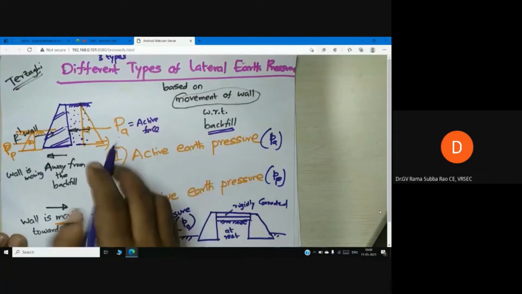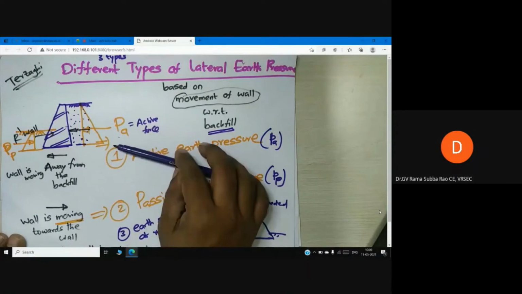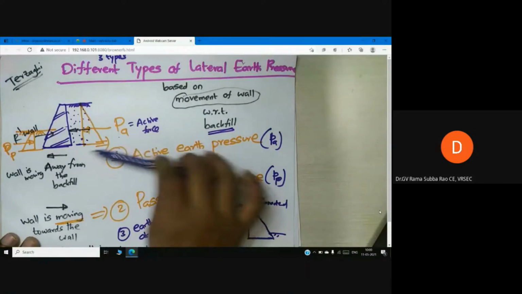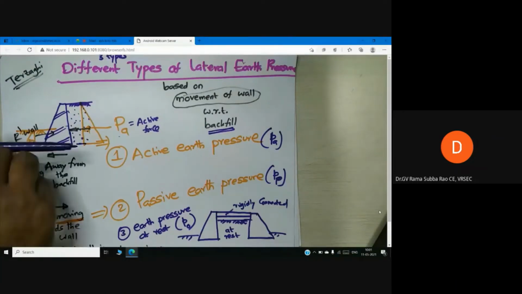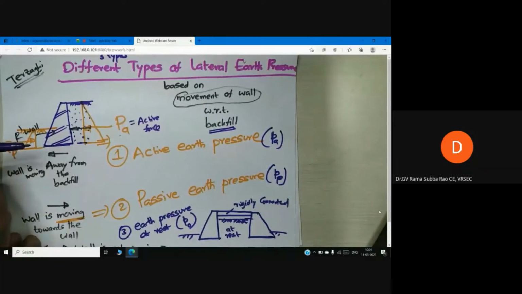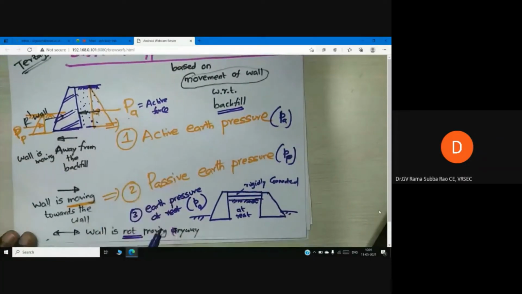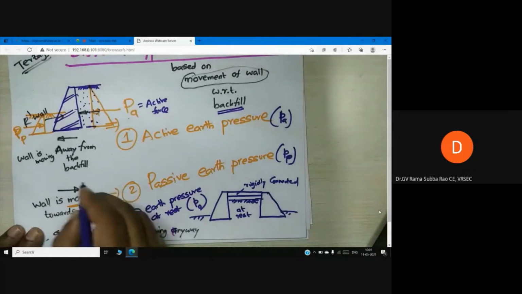The pressure exerted by the soil on the retaining wall is now active. Now coming to the front side, the pressure is acting, no doubt, in lateral direction. Now the wall is moving towards the backfill.